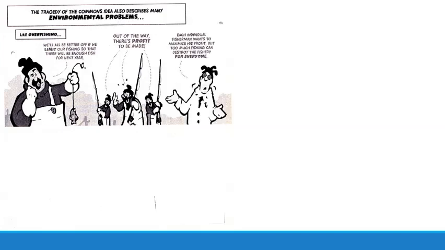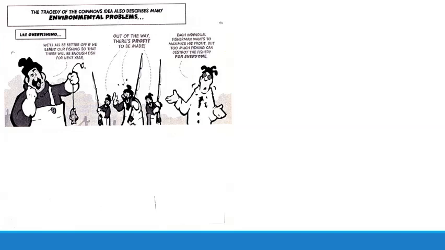And that's the thing, because fishermen are able to make a profit off of fishing, they will not just stop fishing so that there'll be no fish, because that takes away from their profits. So these individuals want to fish, even though they know they could literally fish every fish from the ocean, they'll do it in order for them to survive and make profits. Like this guy here, each individual fisherman wants to maximize his profit, but too much fishing can destroy the fishery for everyone.